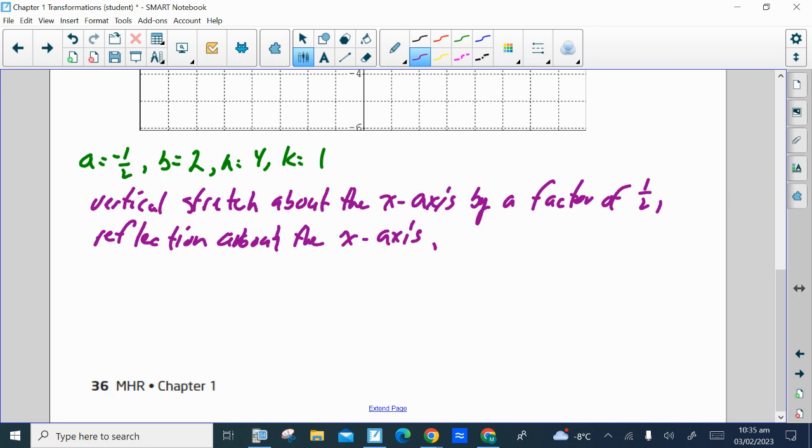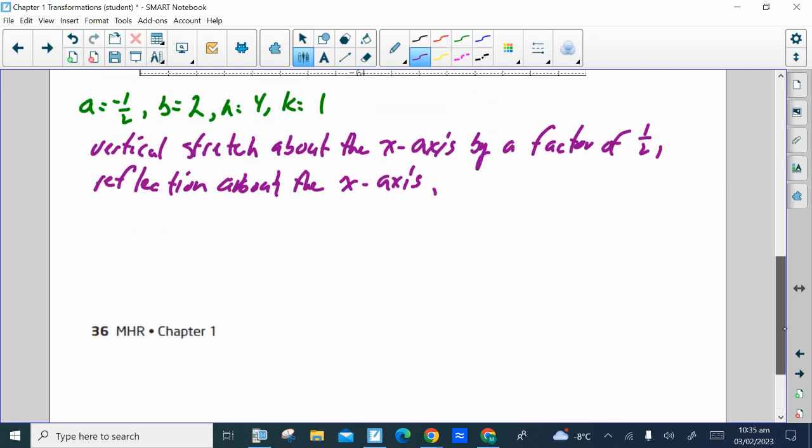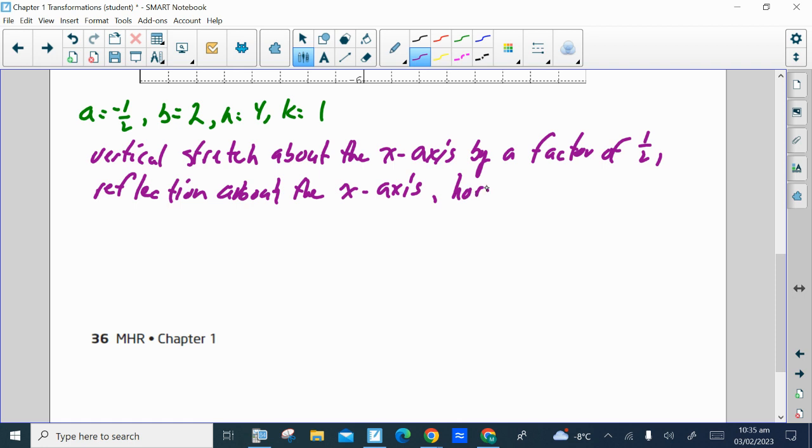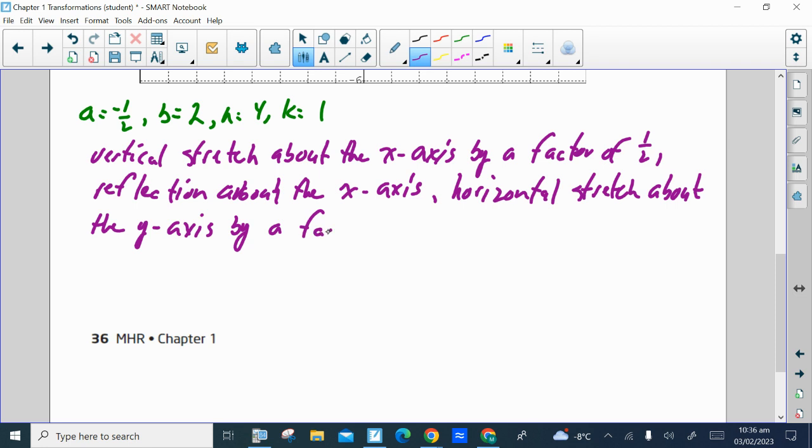Then we have a b value of 2, which will give us a horizontal stretch. And again, horizontal stretches are about the y-axis. And that would be by a factor of 1/2. Remember, the horizontal stretch factor is always the reciprocal of b.